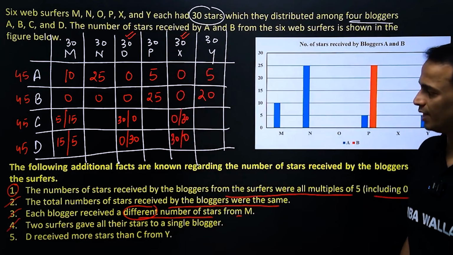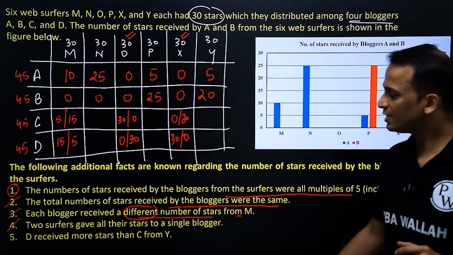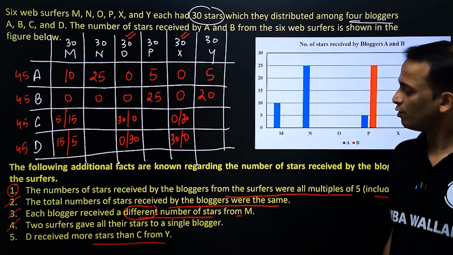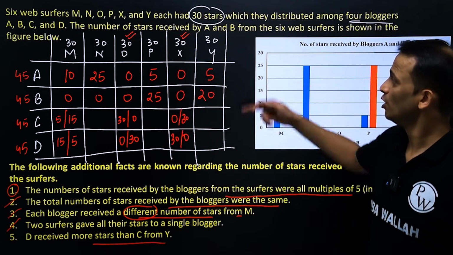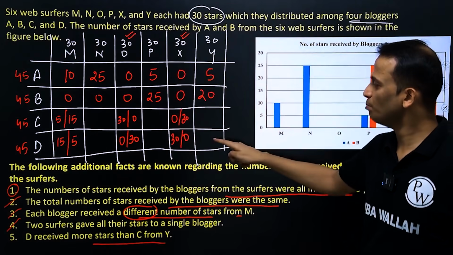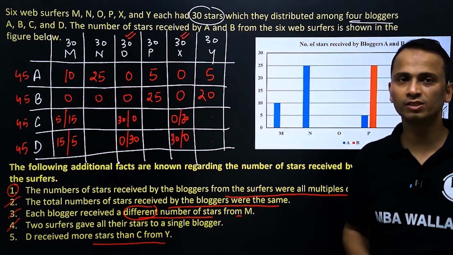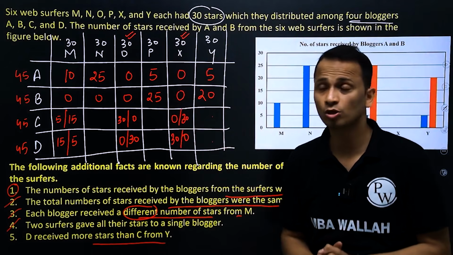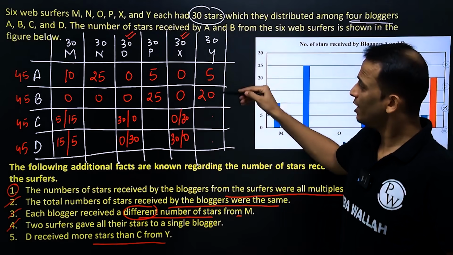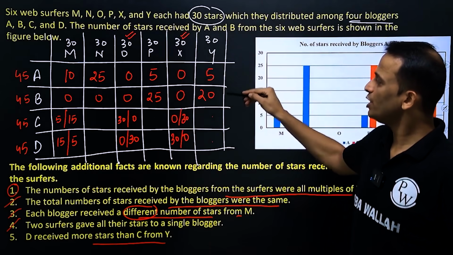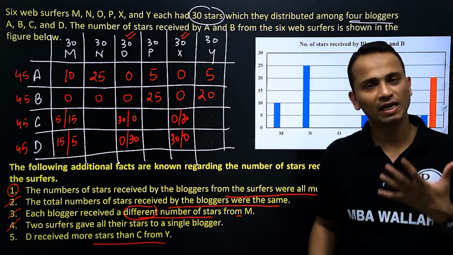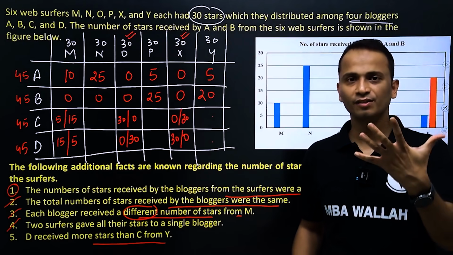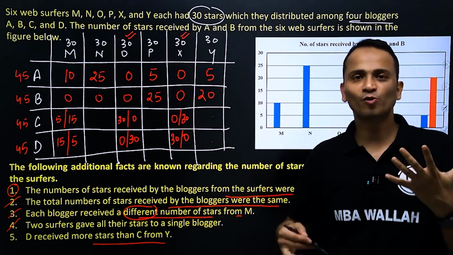All right, great. Point number 5, D received more stars than C from Y. From Y, D received more as compared to C. Let's work this out. Now here, out of 30 stars, already 25 are distributed. I'm left with only 5. 5 cannot be broken into 1 plus 4 or 2 plus 3.